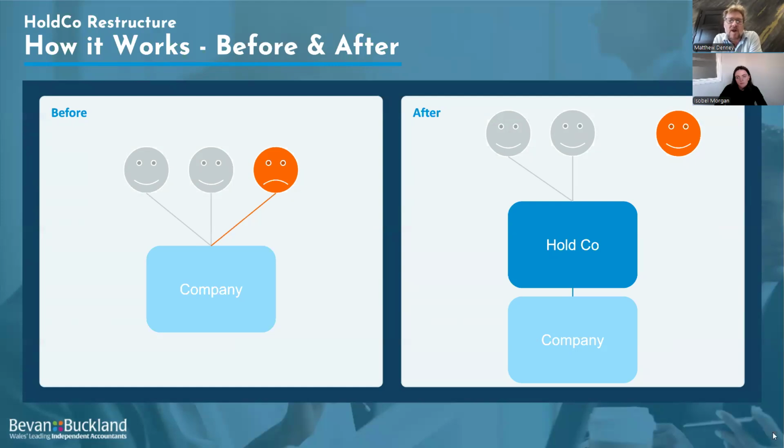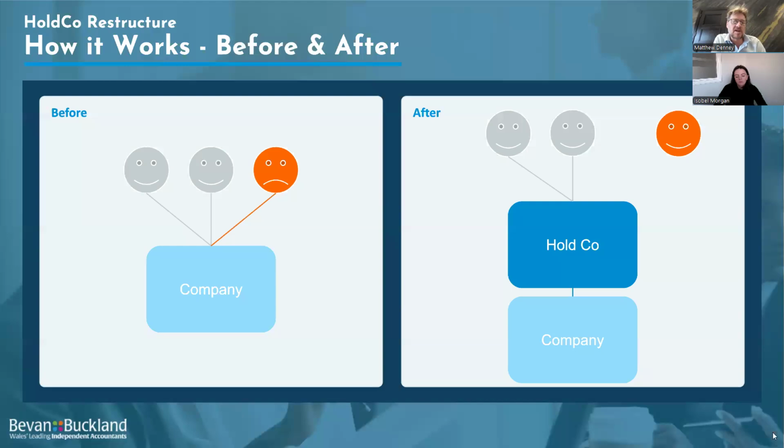Where it can be a little bit more painful is your trading company, if it's lending funds up to the holding company to fund the purchase of the exiting shareholder. You can end up with quite an ugly, untidy balance sheet in your trading company, because it'll either have to dividend profits up to the holding company, which will reduce its reserves, or its reserves will be represented by a debtor balance due from the holding company.